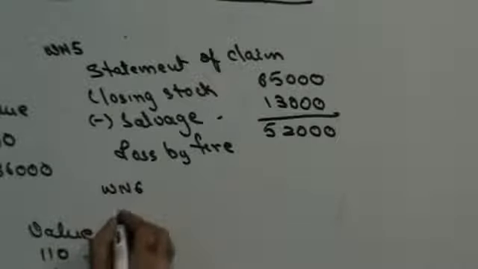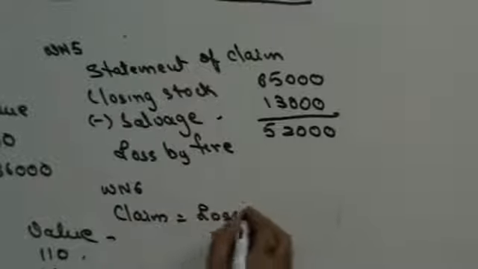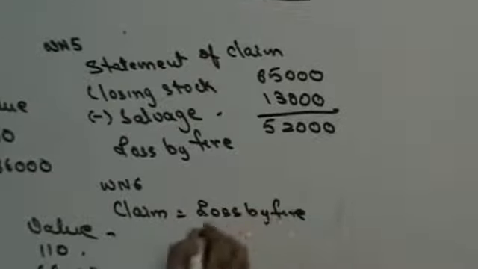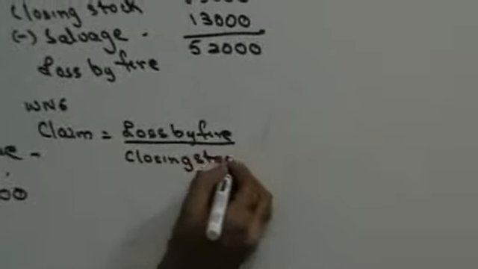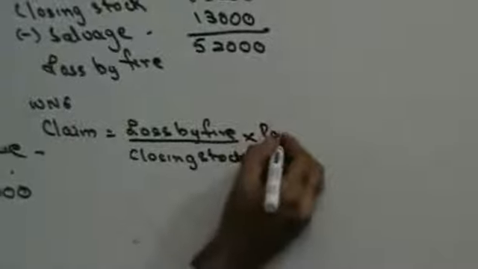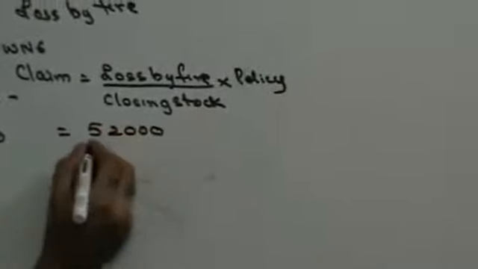Working note 6. Claim is nothing but loss by fire upon closing stock into policy amount. Loss by fire is 52,000.